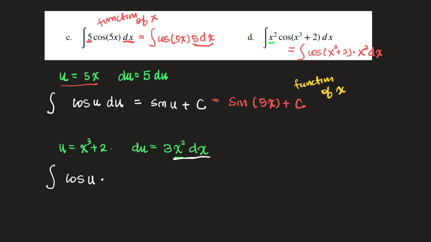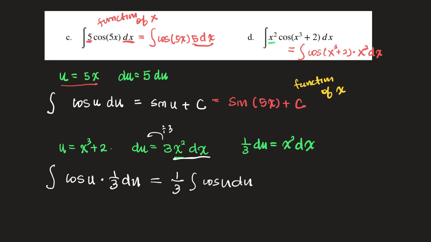So you divide by 3, as we did before. That's going to be 1 over 3 du for x squared dx. So the constant goes outside: 1 over 3 integral of cosine u du. Looks similar, right? 1 over 3 sine u plus c.